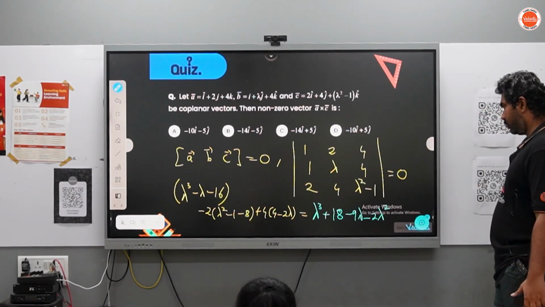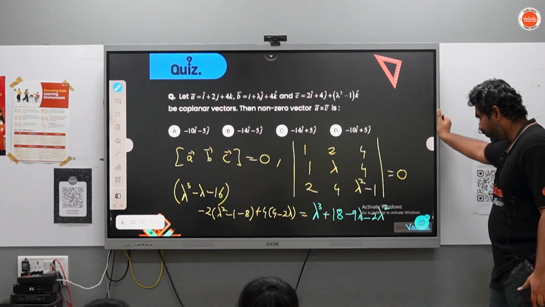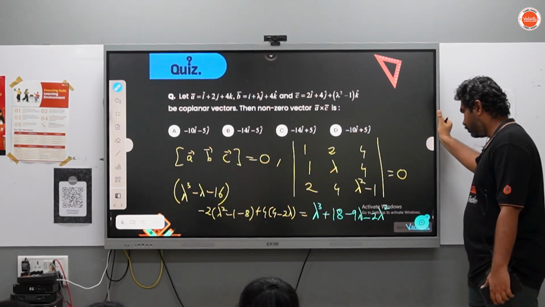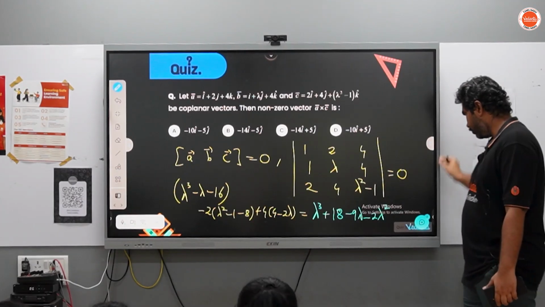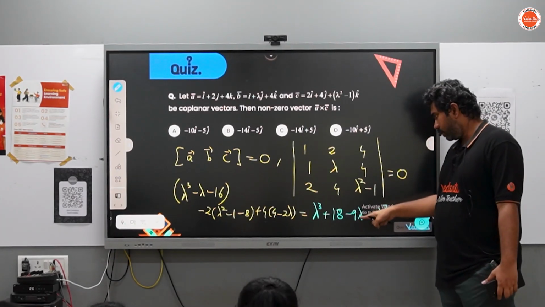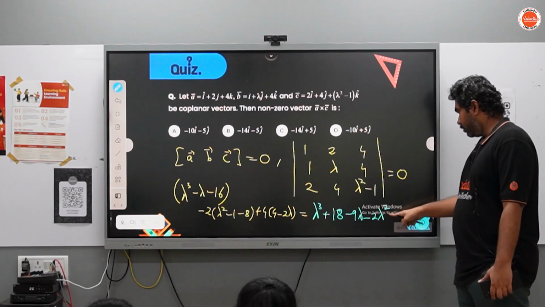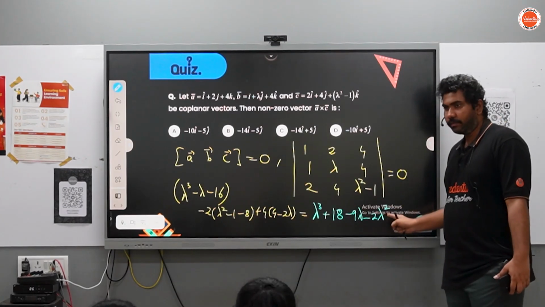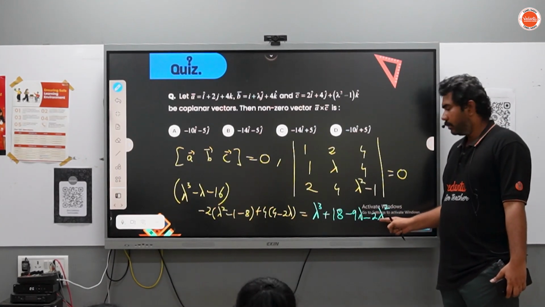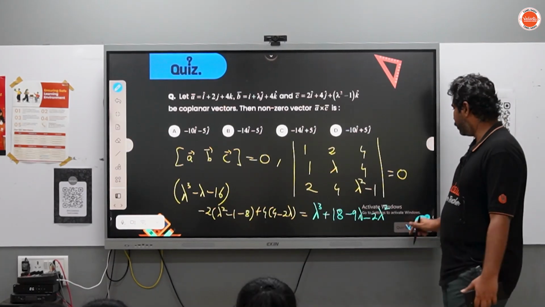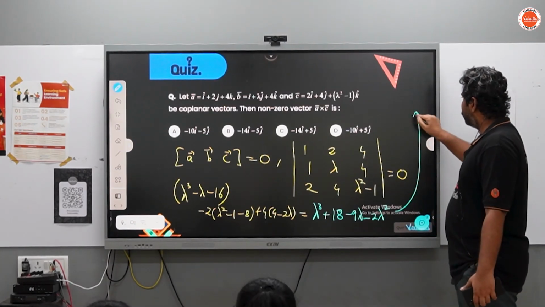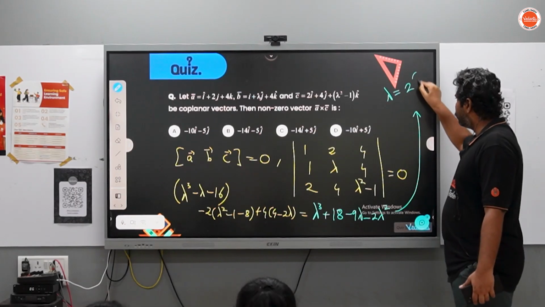So is something working here? Lambda equal to 2. If you put lambda equal to 2, it is working: 9 2s are 18, 18 minus 18 is 0, 4 2s are 8, 8 minus 8 is 0. So lambda equal to 2 is a root. So we found one root here.